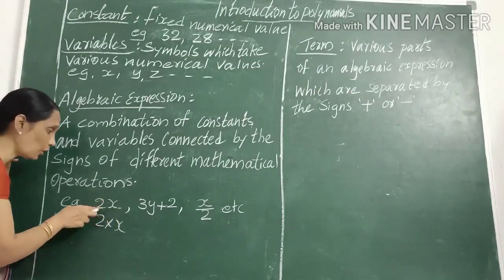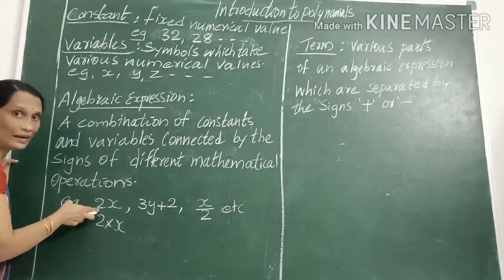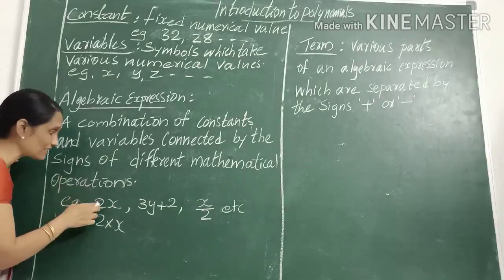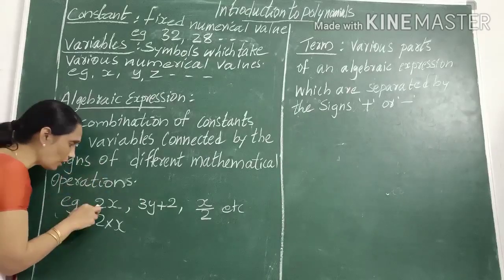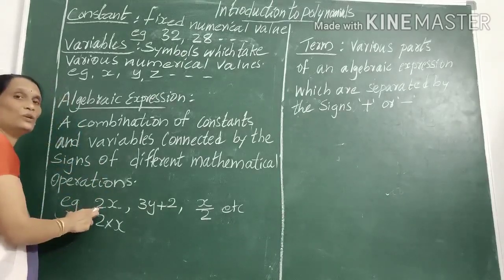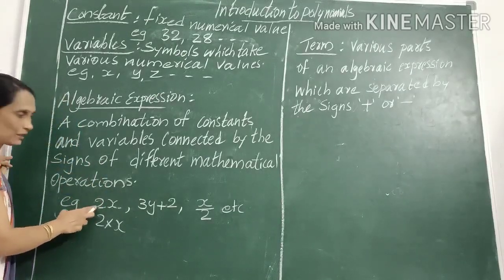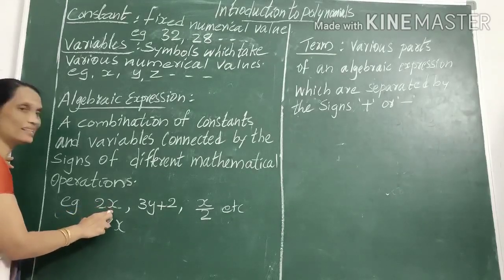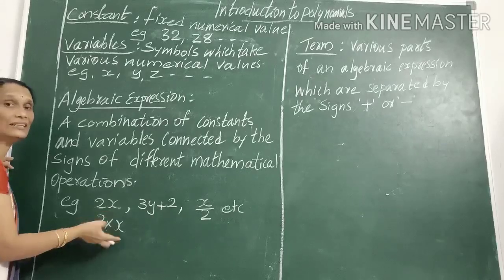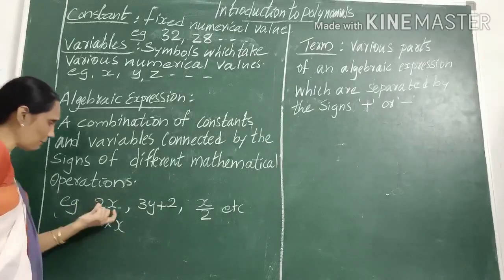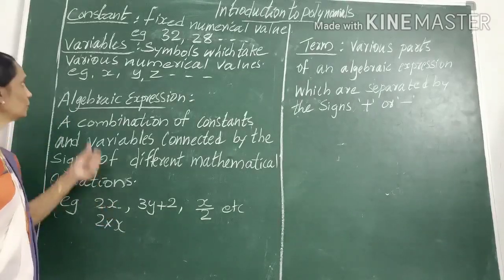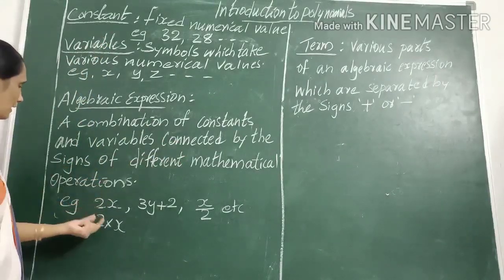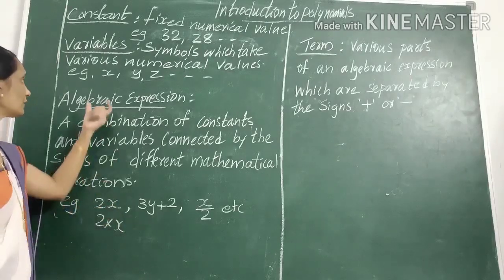Now we don't call it a constant. When these are joined, we can't call it a constant. We should call this a numerical factor. 2 is called a numerical factor, and x is known as a literal factor. Before combining both, 2 we called a constant and x we called a variable.